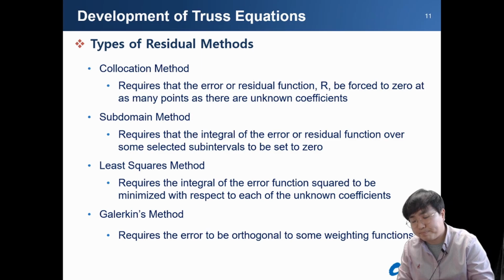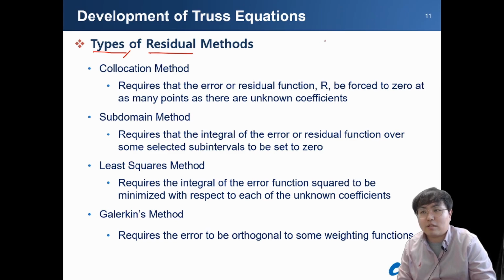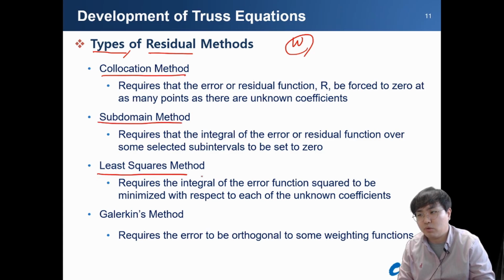So anyway, due to how to select a residual and how to select that weighting function, we have several types of methods: collocation method, subdomain method, least square method, or finally, Galerkin residual method.